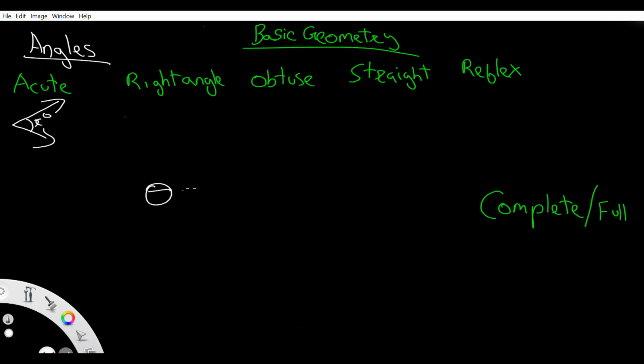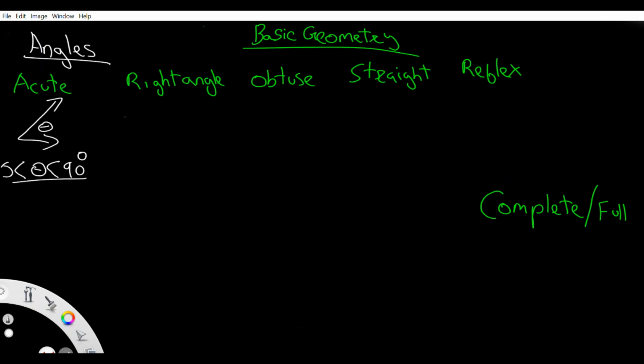A theta is a symbol like this, which is the 8th letter of the Greek alphabet that we commonly use to indicate an unknown angle. So this acute angle has an angle of theta, and the angle measure for theta for acute angle should be greater than 0 degrees and less than 90 degrees.